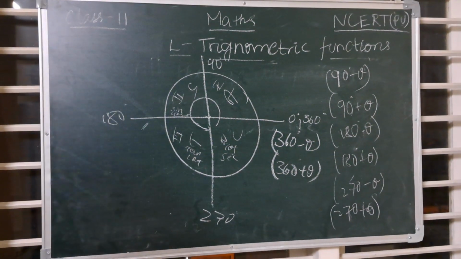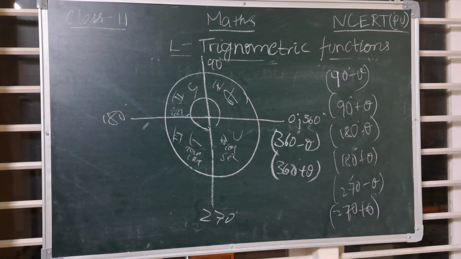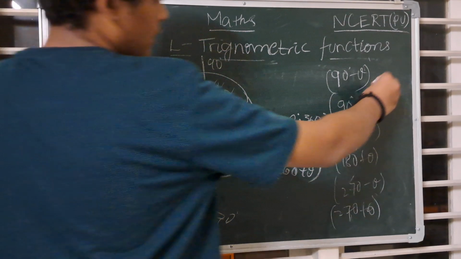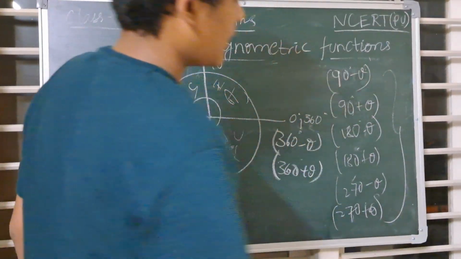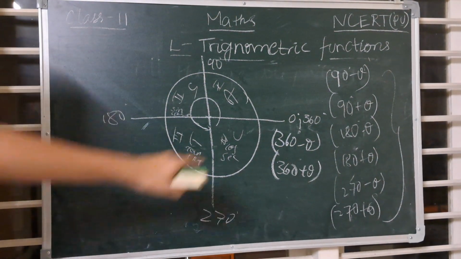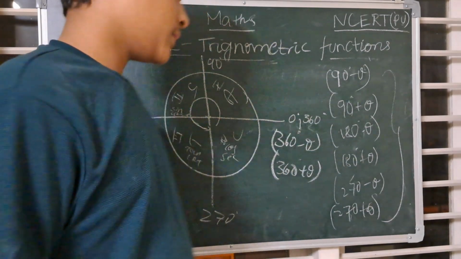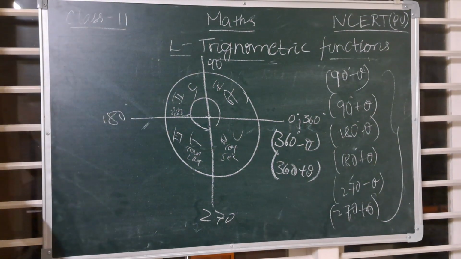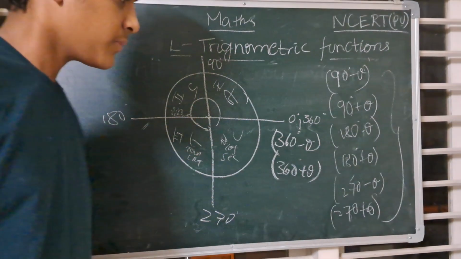So these are the four types. Totally 8 varieties of allied angles can be formed. In this, another one is there, that is minus theta, that we will see next.